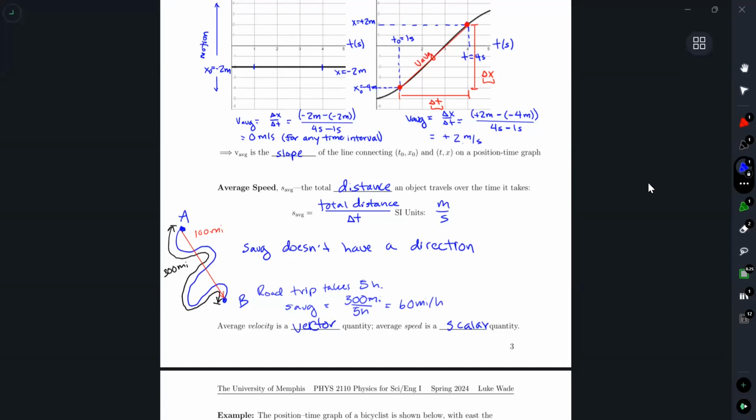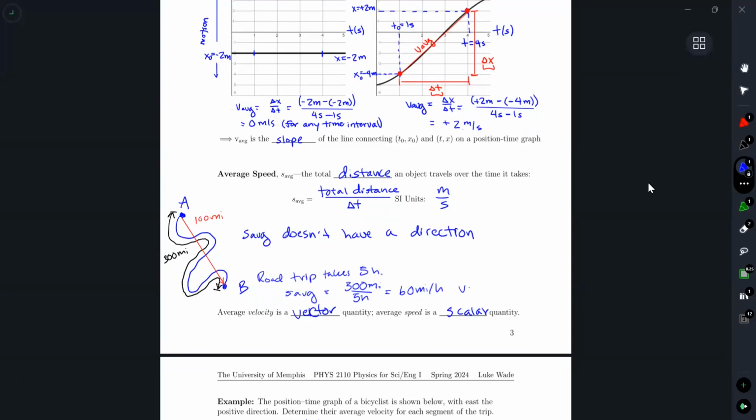Okay. What about your average velocity? That would be the 100 miles then. Yeah. Is that just by process of elimination, or do you see why it is 100 miles per that 5 hours? Because that's our total displacement?